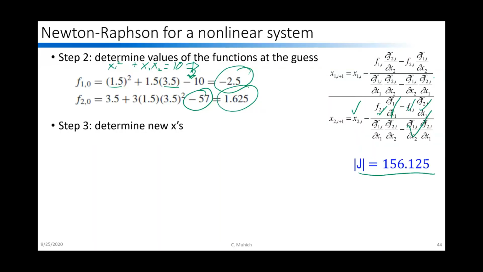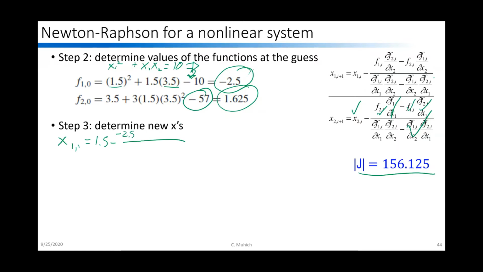I'm just writing down that determinant value here so that when we come to write it out, it's easily at hand. Okay, so for the x1,1 we have the old guess for x1, which was 1.5, minus the value of f1, so that's negative 2.5, right?